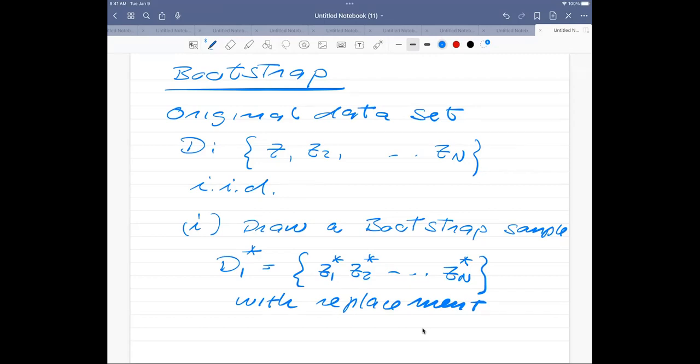You pick randomly, but you also have replacement, which means that you can have the same number again. The number of data is the same. And in Python, this is a function called randint something, which just reshuffles the data for you with replacement. So it's very simple to implement.